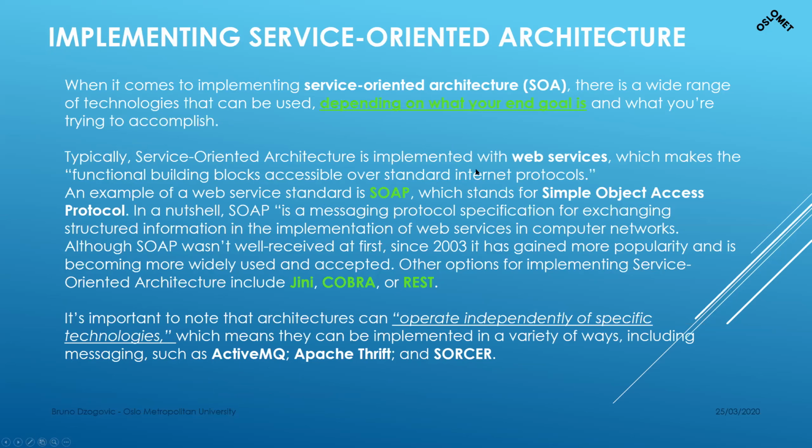When it comes to implementing the service-oriented architecture, there's a lot of ways you can do this. One standard is called SOAP, or Simple Object Access Protocol. It's a messaging protocol specification for exchanging structured information in the implementation of web services in computer networks. One other type, which is quite popular, is REST.